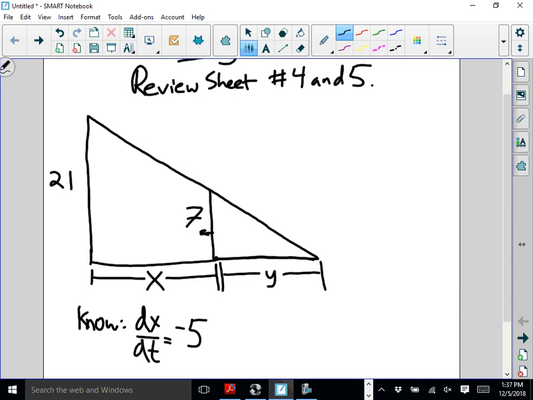In fact, in this problem, I'm never going to know x and I'm never going to know y. And I don't need to know either one to solve this problem. The rate of change of the shadow will be the same regardless of how close or far this player is. What I need is the rate of change of the shadow. The shadow I labeled y, so what I need is dy/dt.